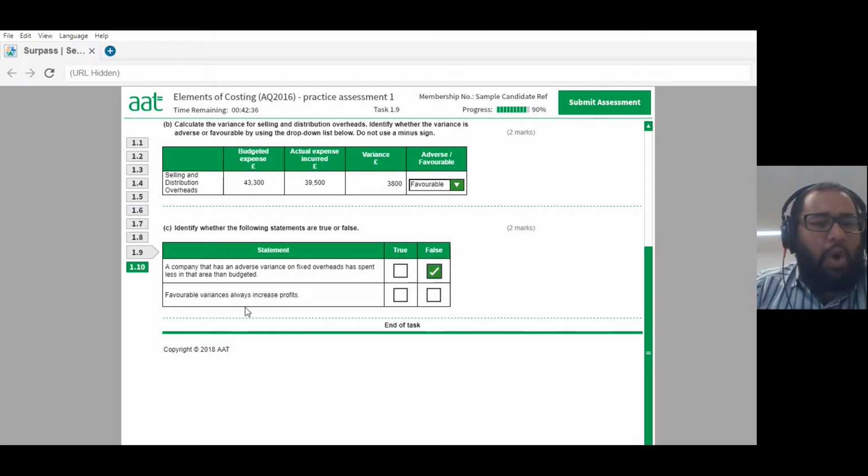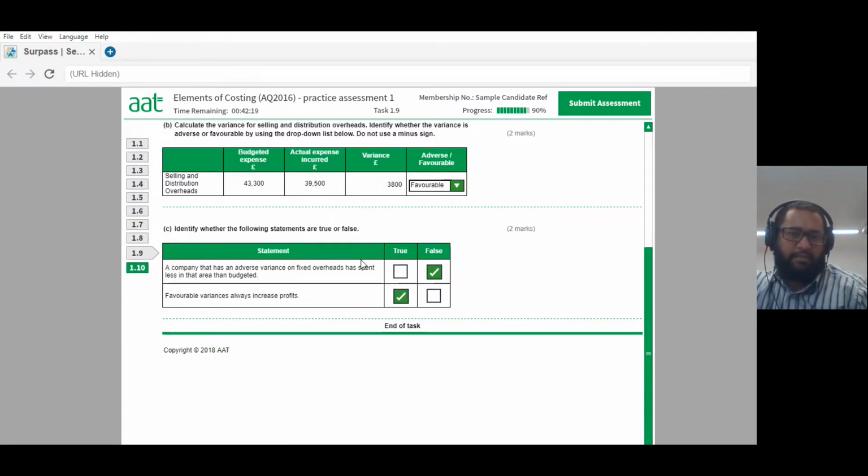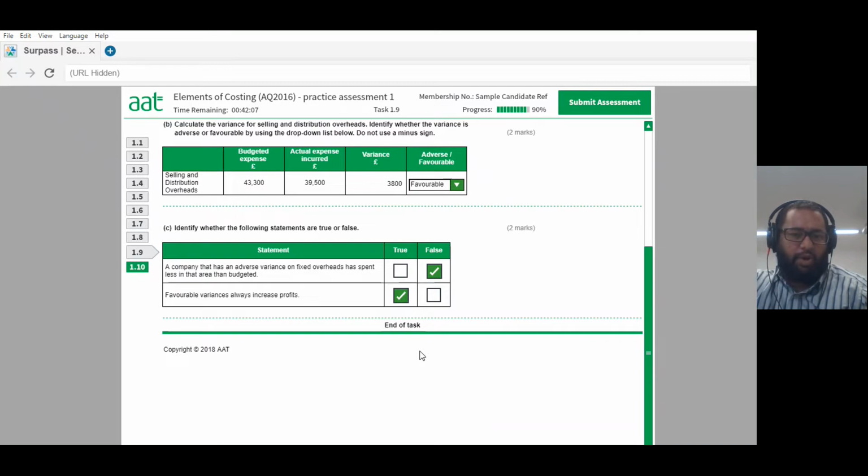Favorable variances always increase profits. What do you think it is? If it's a favorable variance, that is definitely going to increase your profit, isn't it? Because your profit is always depending on the variance being favorable. So let me see. Yeah, it is always increasing your profit.